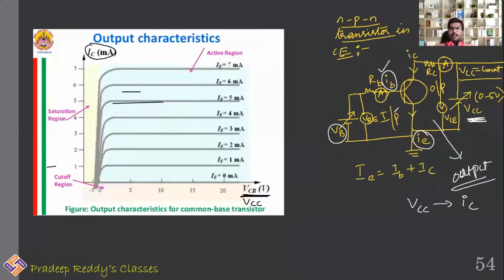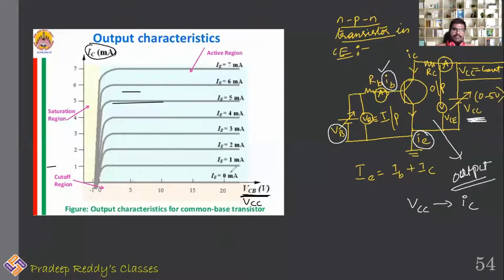So we have learned in input characteristics that the input current IB depends upon the base voltage. And now if you plot the graph for the output voltage, which is VCC, corresponding to this output current IC, you will get the graph as shown in this figure. From this graph, you can clearly understand that there is a cutoff region.